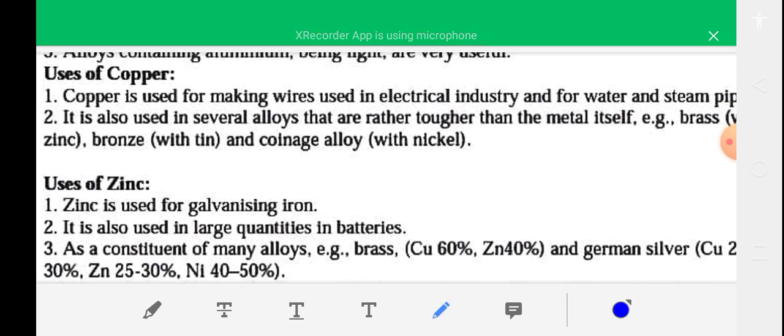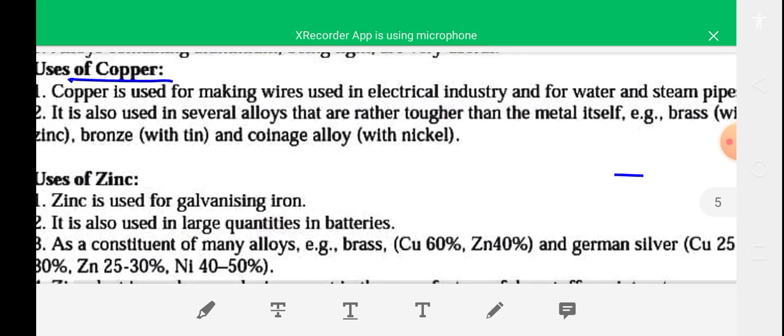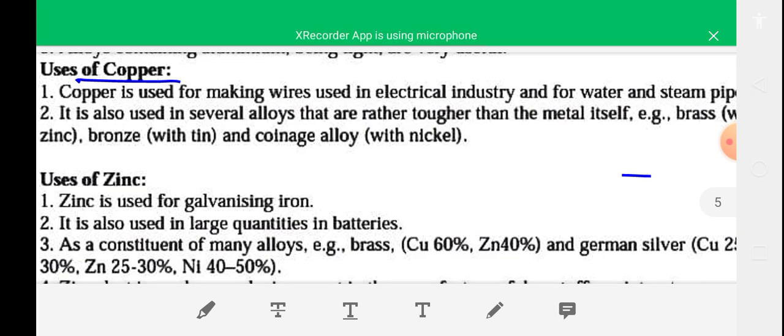So first, use of copper. Copper is used for making wires used in electrical industry, and for water and steam pipes, and it is also used in several alloys that are tougher than the metal itself.